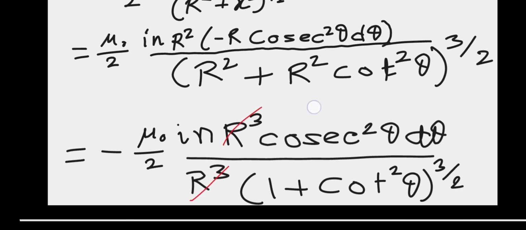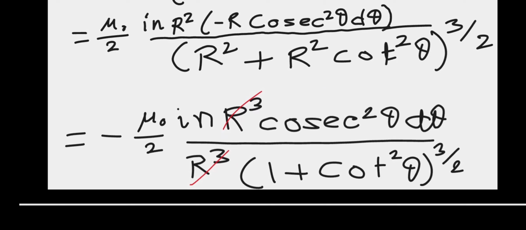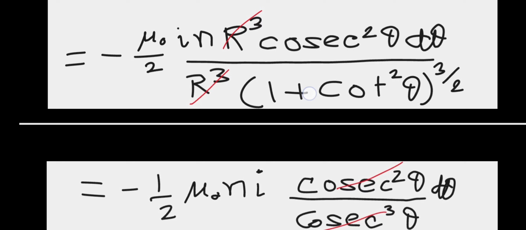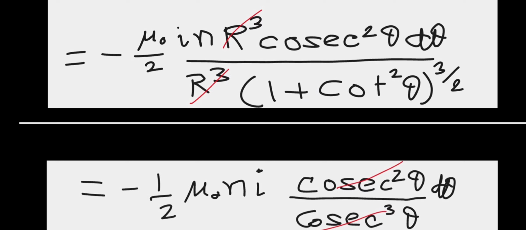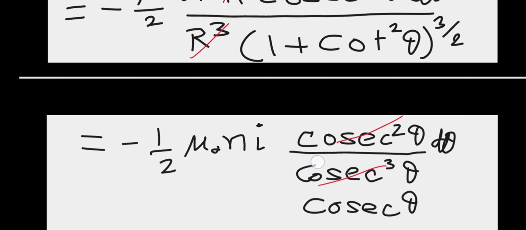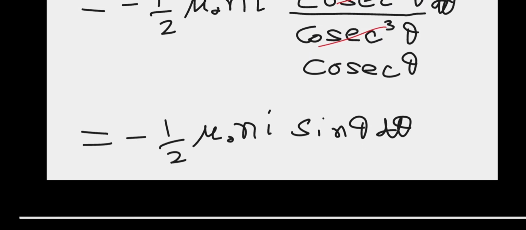Further simplifying, we get mu 0 by 2 I n r cube cosec square theta d theta divided by r cube into (1 plus cot square theta) to the power 3 by 2. Now this r cube and r cube cancel out, so we find dB equals minus half mu 0 n I cosec square theta d theta divided by cosec cube theta. Further simplifying, we get dB equals minus half mu 0 n I sin theta d theta.